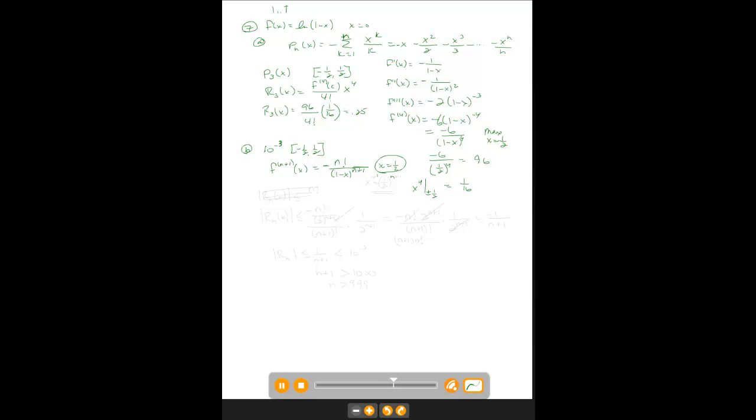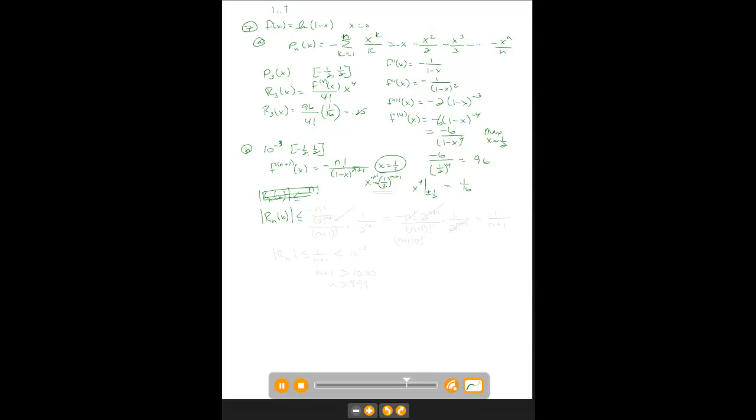We're trying to figure out what term we're on. So we're trying to find out r sub n of x needs to be less than or equal to n factorial, and I need to write this in here, I think, because you'll get lost. X to the n is going to be its biggest when you stick in 1/2, n plus 1 actually, and so this is going to turn out to be, I'm going to move down because it's not going to fit.